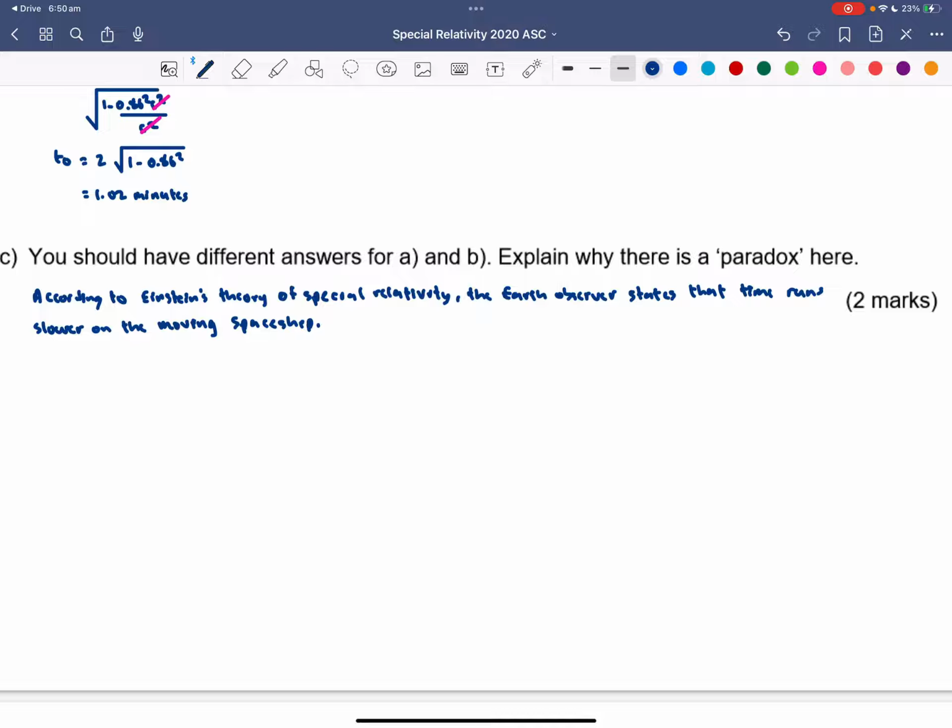That's what the Earth-based observer says. Paradoxically, that's why it's a paradox, because they're technically both correct, because they're both inertial reference frames.